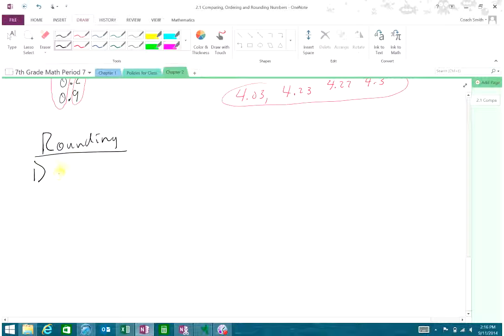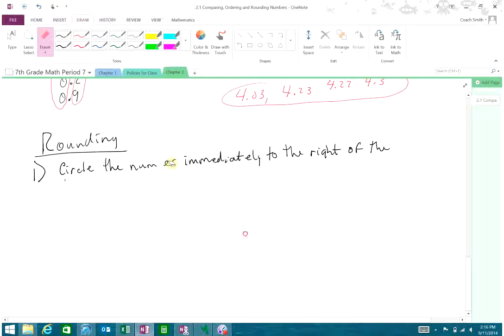Number 1, circle the digit immediately to the right of the marked digit.